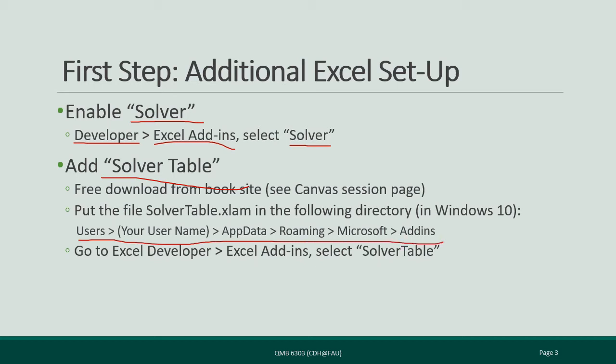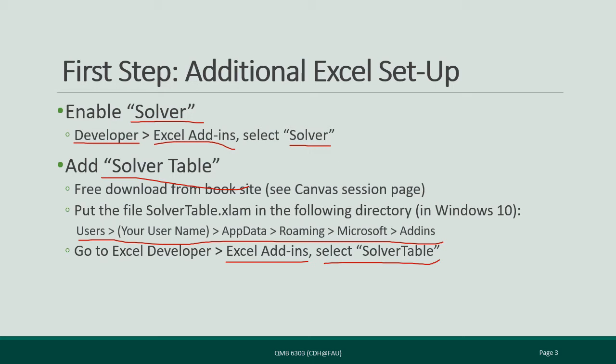And once you do that, then when you go to the Excel add-ins on the developer ribbon, you will be able to find solver table, and you just have to select it or check it, just like how you activate solver. So this should be a pretty easy process.